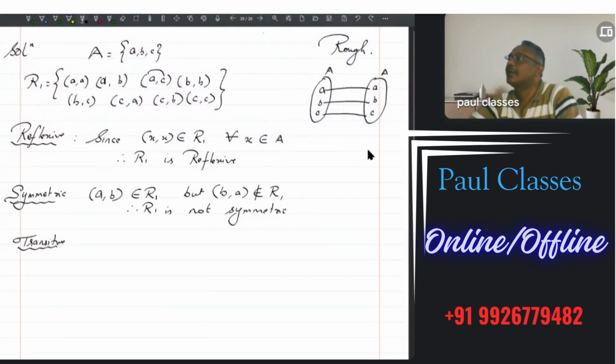Yes. (a, c), (c, b). Is (a, b) there? Yes. Tested. (a, c), (c, c). Is (a, c) there? Yes. Tested. (a, b), (b, c). Is (b, c) there? Okay. Tested. Anything starting with b? No. चलो, go ahead.